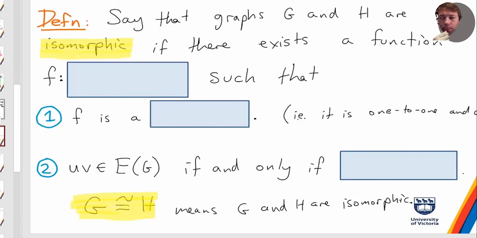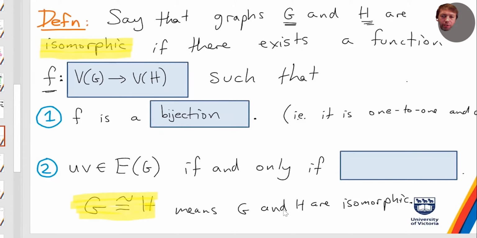Okay, we say that two graphs G and H are isomorphic. Another definition: I've got graphs G and H, they are isomorphic if there's a function F which maps the vertices of G to the vertices of H, such that F is a bijection.